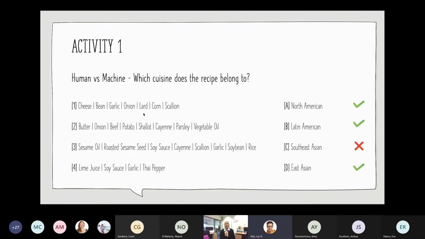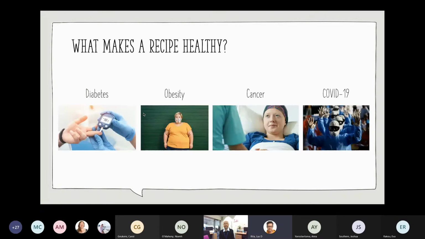In the case of the second one, essentially beef and potato are very much present in the North American one. In the case of the third one, sesame oil and soy sauce are common ingredients in East Asian cuisine. And Thai pepper doesn't leave us many doubts about the Southeast Asian prediction.